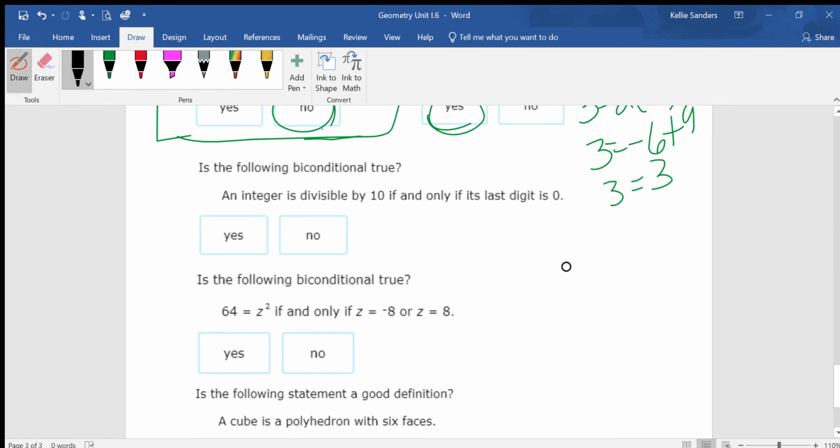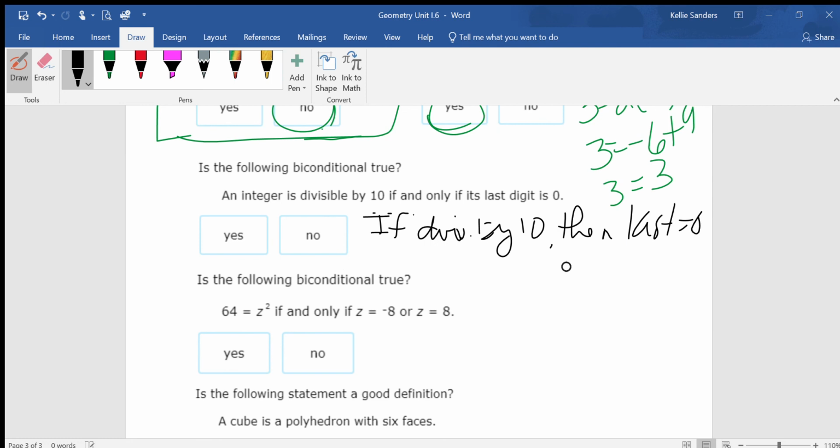Is the following biconditional true? An integer is divisible by 10 if and only if its last digit is 0. Okay, so if divisible by 10, then last digit equals 0.